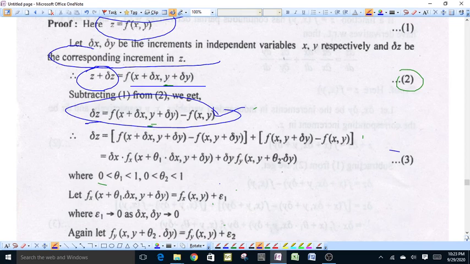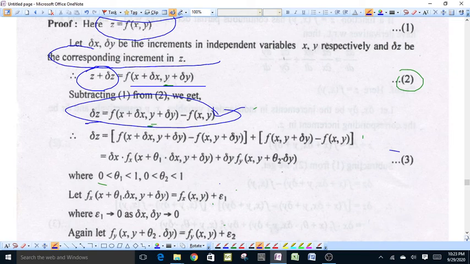The right hand side of this equation can be written by adding and subtracting the term f(x, y plus delta y).